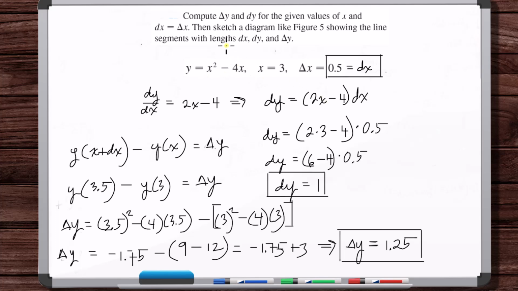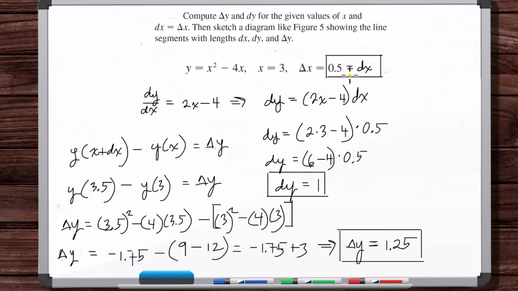Okay, and so just to give an explanation of what they're asking here, if we graphed the curve y is equal to x squared minus 4x, and then zoomed in around the point on this curve x is equal to 3, and then we also graphed the tangent line to this curve at x is equal to 3. Then from 3 we went delta x, we went 0.5 from 3, so we went to x is equal to 3.5. We're looking at the point x is equal to 3.5 for the function curve and for the linearization curve, the tangent line.